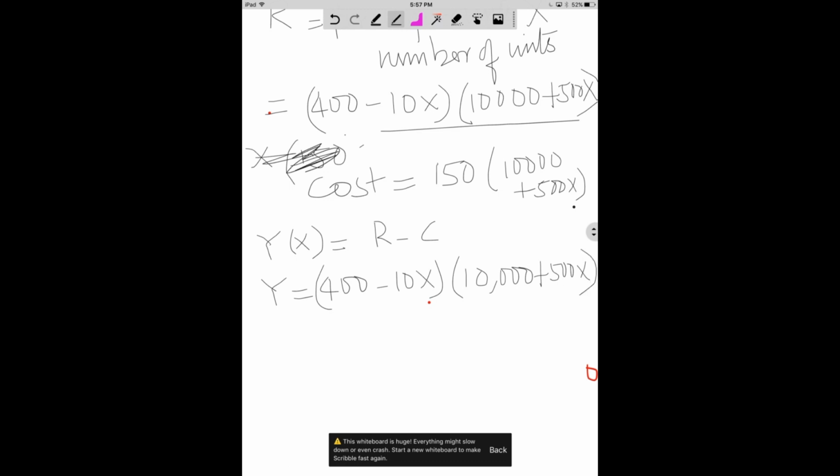Then minus cost. Cost is 150 times 10,000 plus 500x.